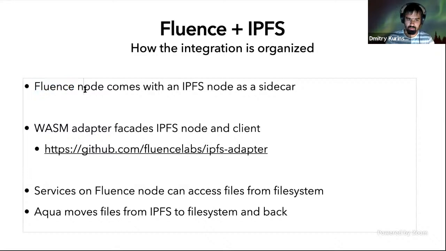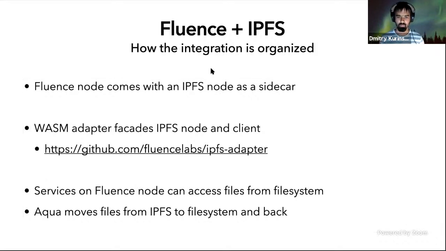So there is the Fluence node and the IPFS node as a sidecar by default. By the way, it's a question what is a sidecar for what, because you can think about the Fluence node as a sidecar to IPFS. But finally, you can just use IPFS for storage, and if you're more about storage, then you can use Fluence for computations.